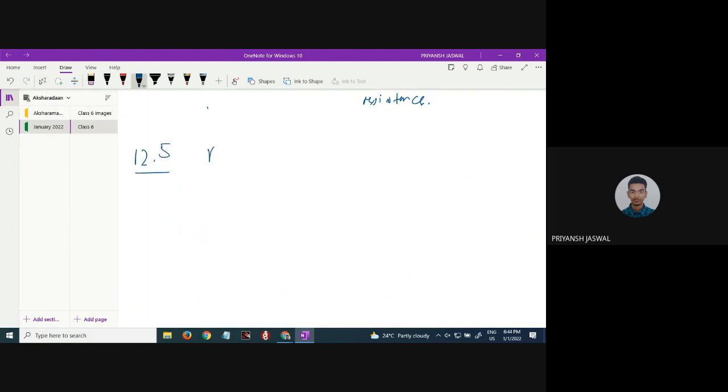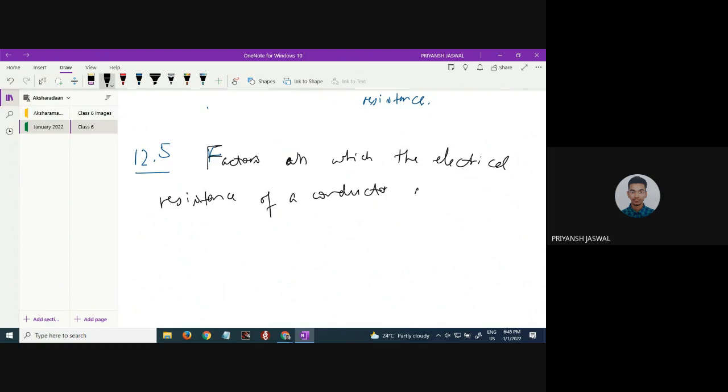Now let's have a look at the factors on which the electrical resistance of a conductor depends.